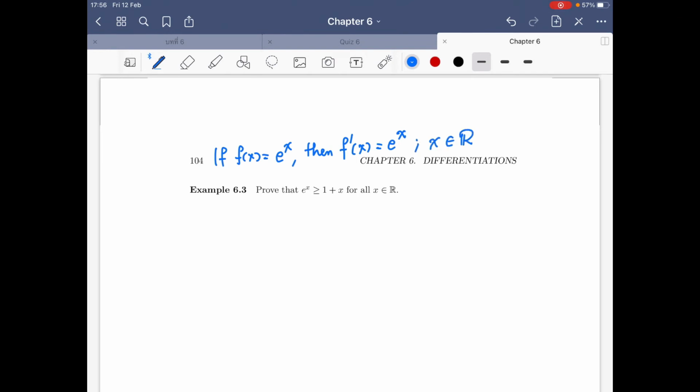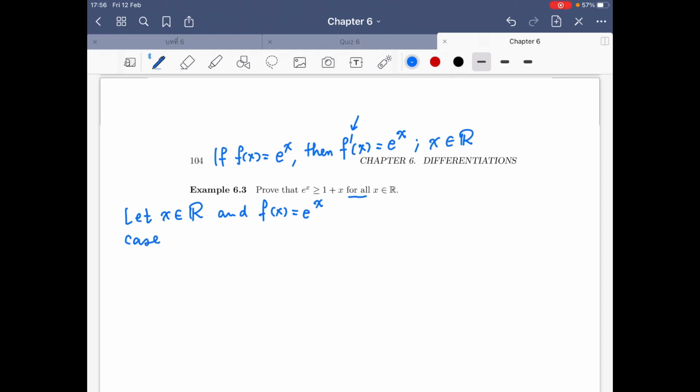Actually, you know it from your Math 1. However, up to this point, we still cannot prove that the derivative of the exponential function is actually the exponential itself. So we just let it first that this is the derivative of e to the x. We let x be an arbitrary real number, because we need to prove it for all real numbers x. We set f to be e to the x, and we are going to separate into several cases.